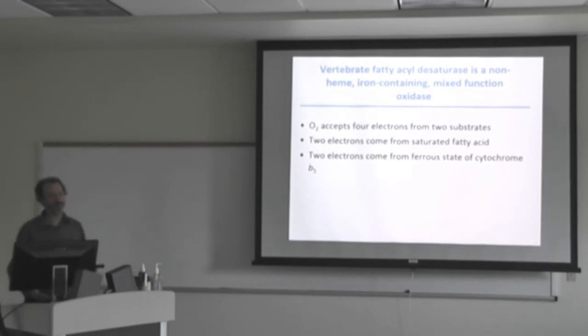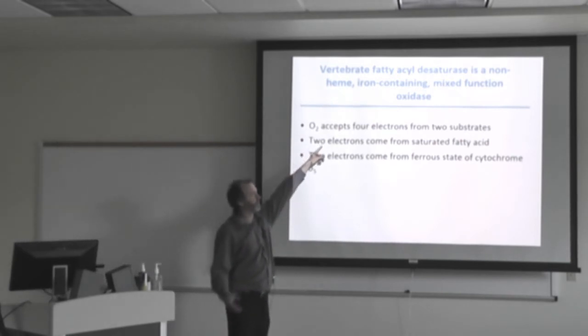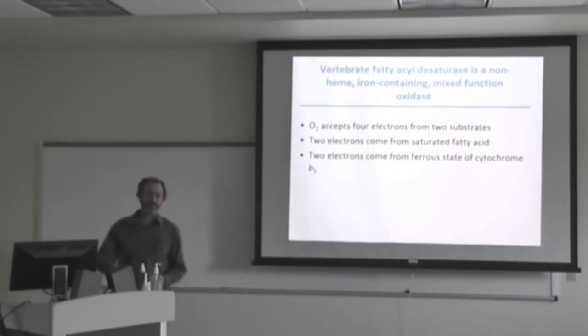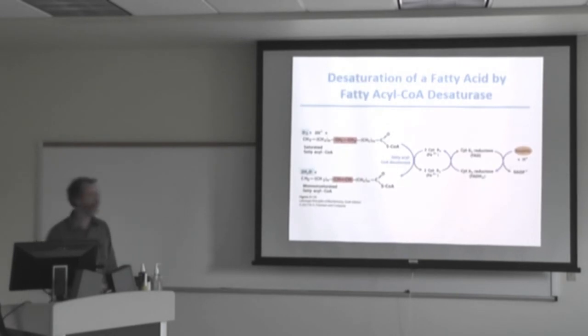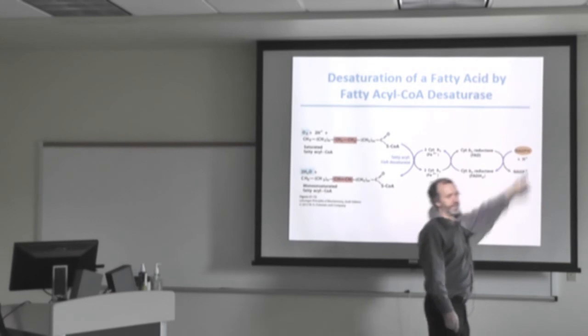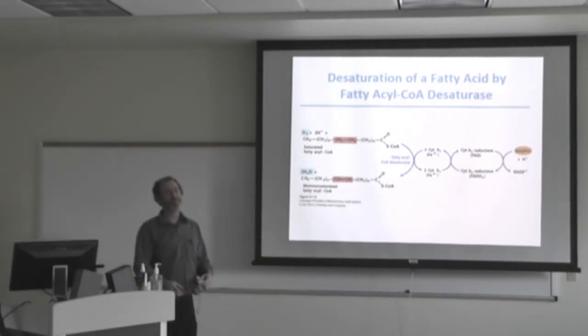So we reduce the oxygen to water, and then 2 electrons come from the fatty acid, 2 come from the cytochrome B5. And then for that enzyme to be regenerated, that cytochrome B5 is going to require electrons to come from NADPH. So we're using an NADPH to actually oxidize a fatty acid. Does that make sense?